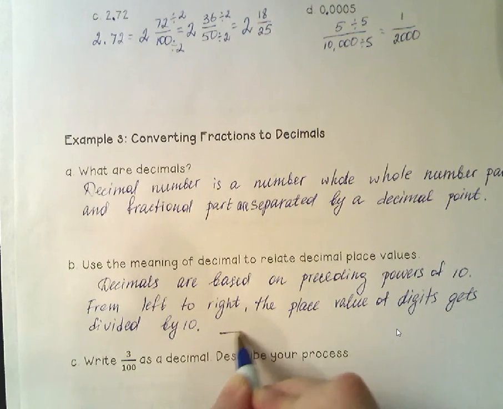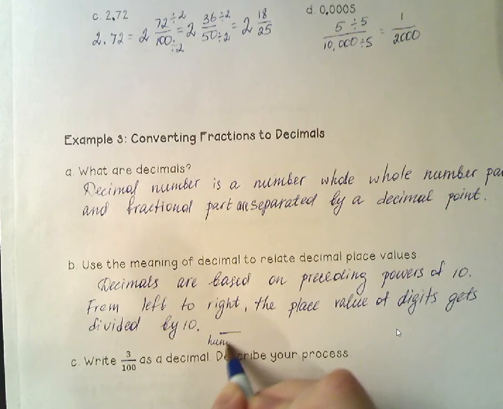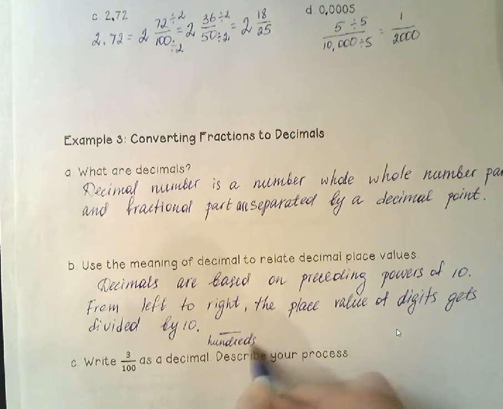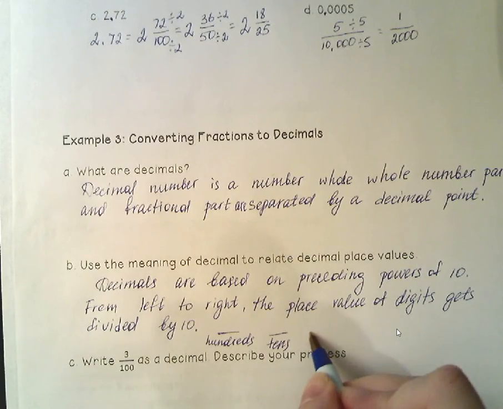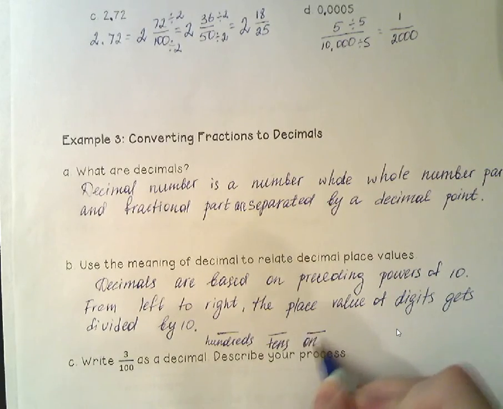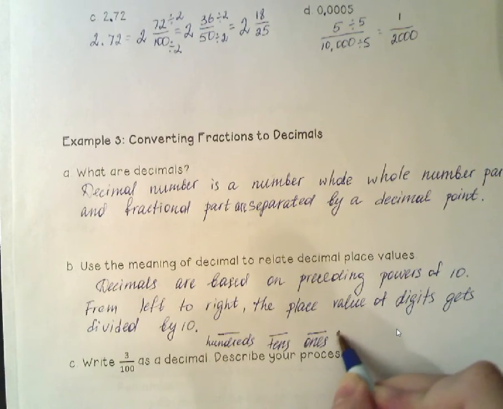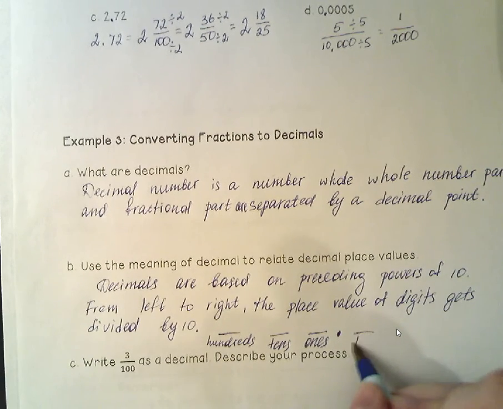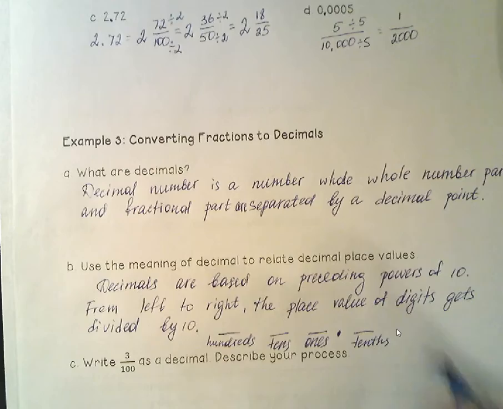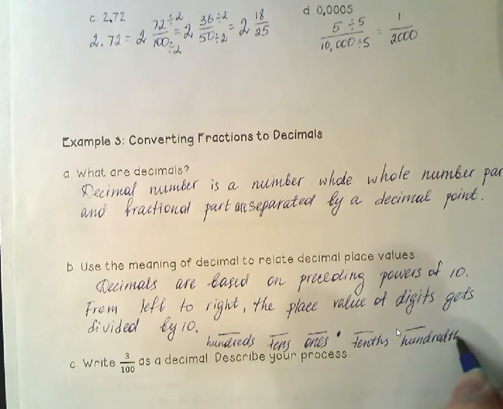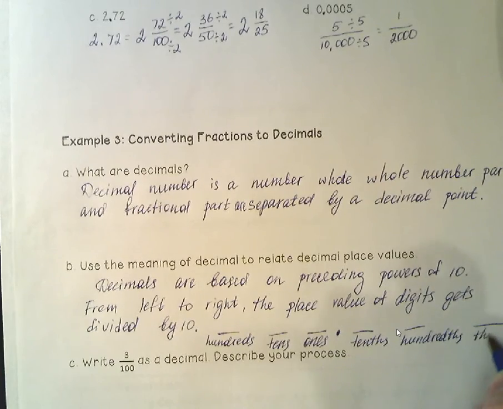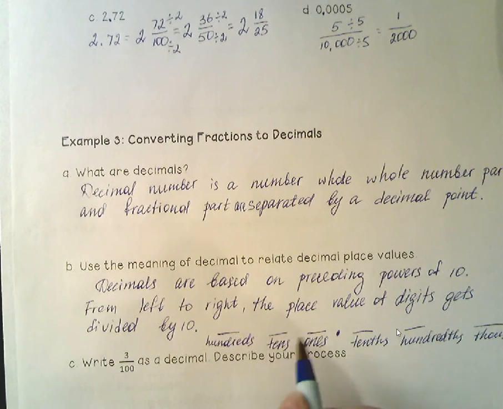So for example, if I have the hundreds place, right? Hundreds, and then I have tens, just like in our chart, and then I have ones, and then a decimal point, and then I have tenths, hundredths, thousandths. Every preceding value gets divided by 10.